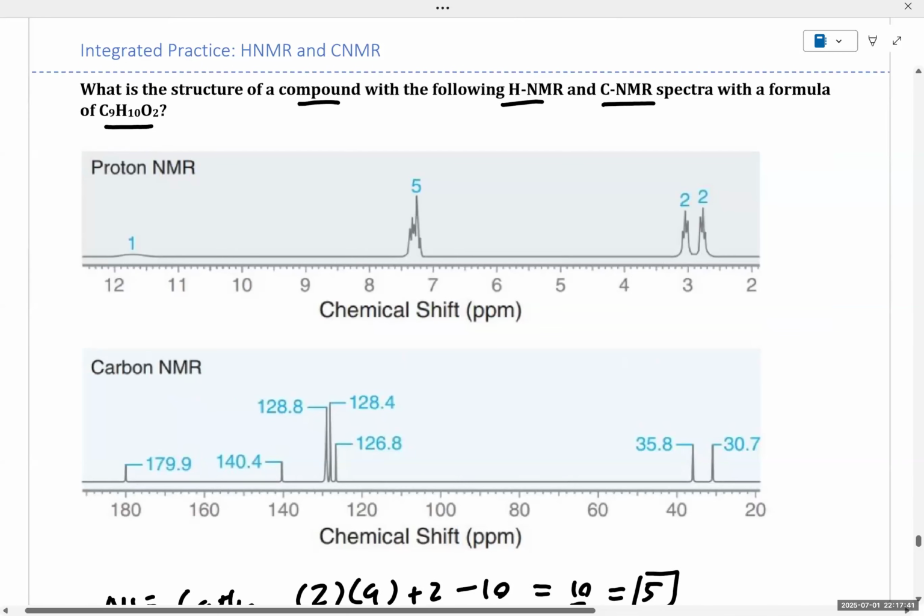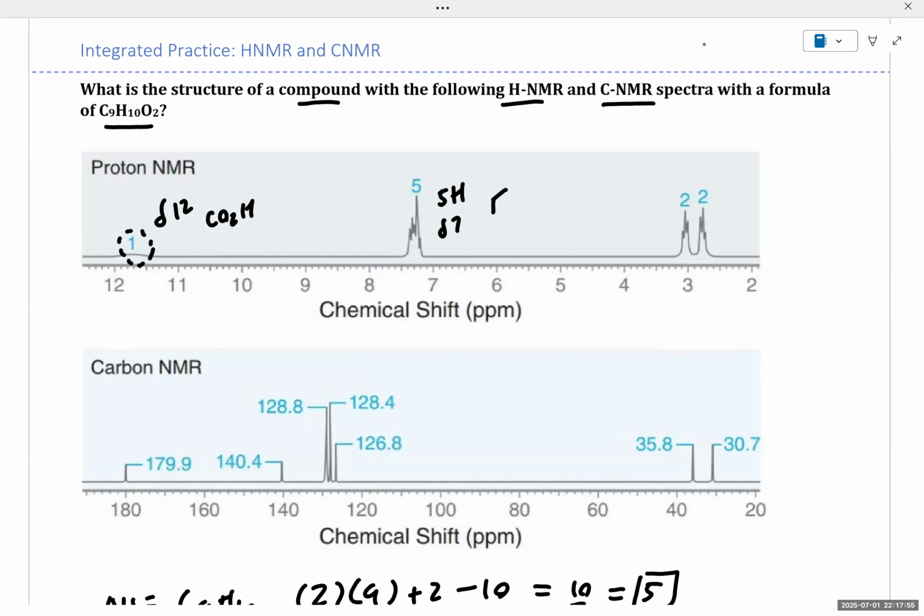Now I'm going to start breaking apart the proton NMR spectra. This chemical shift of approximately 12 suggests a carboxylic acid. These 5 hydrogens with a chemical shift of 7 suggests an aromatic ring with 5 aromatic protons.